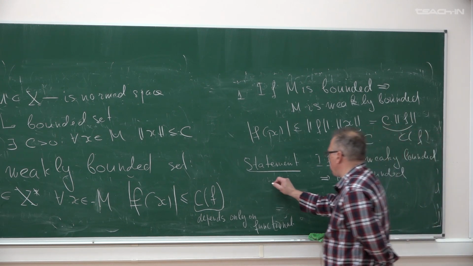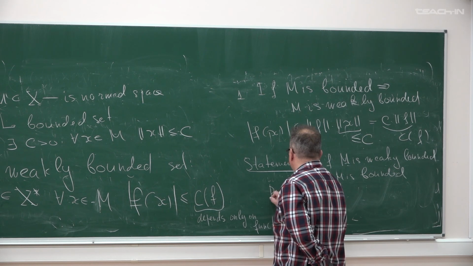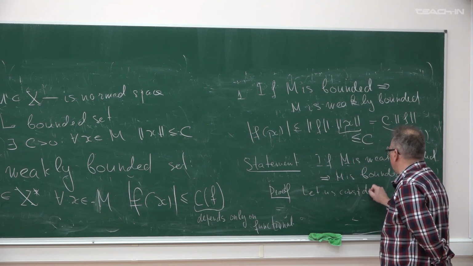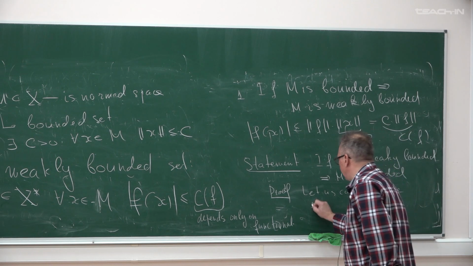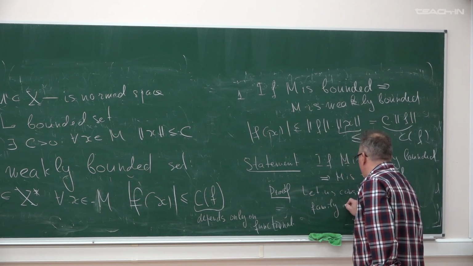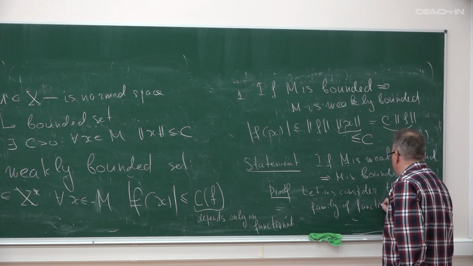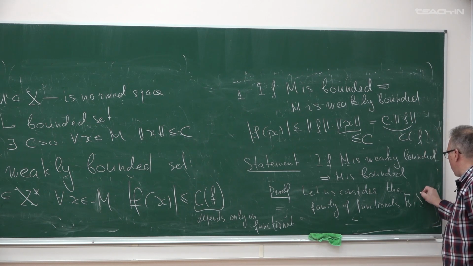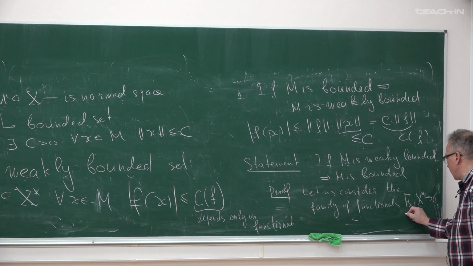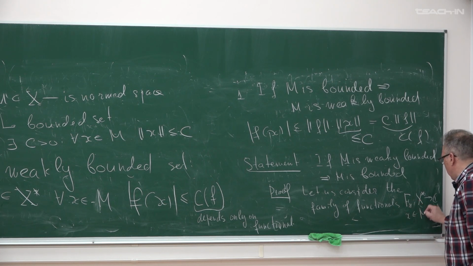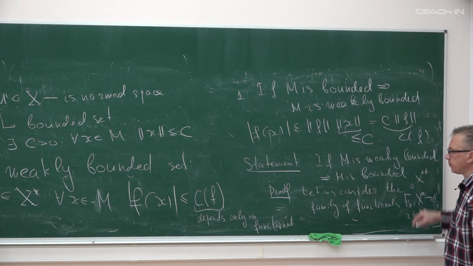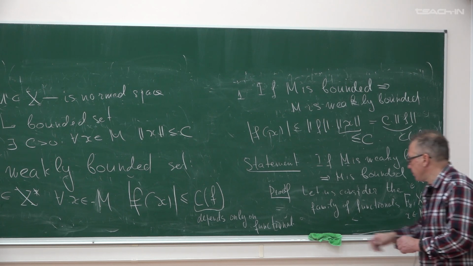Why? A proof. Let us consider the family of functionals f sub x from X star to C, where the small index x is from M. We consider such functionals from this space.